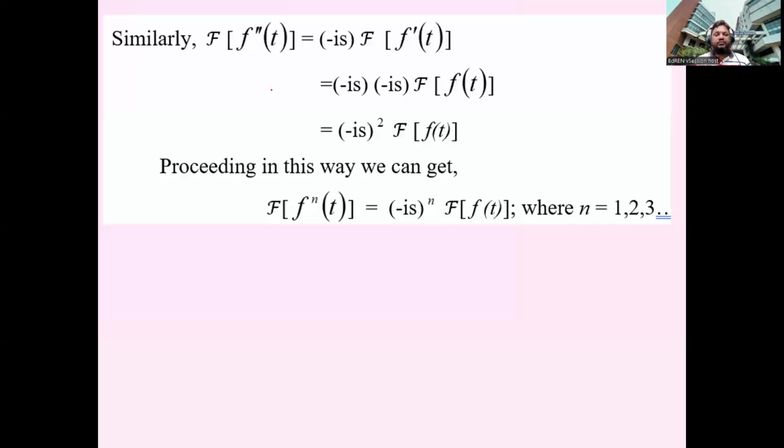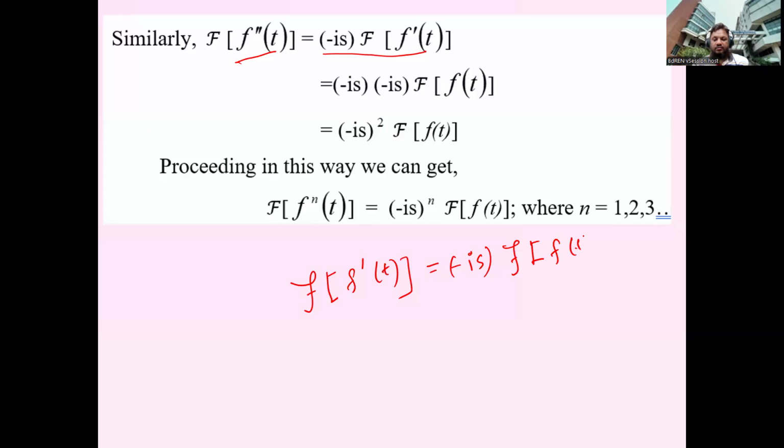From this statement you see, f prime t can be written in such a way. Already we have shown that f prime t equal to minus is Fourier transform of f(t), right? Now, suppose we can consider g of t equal to f prime t, right?